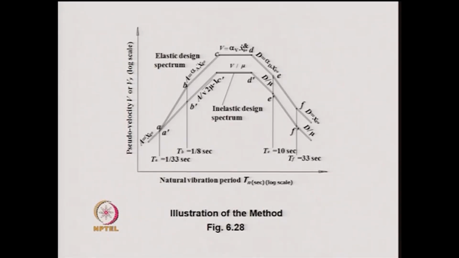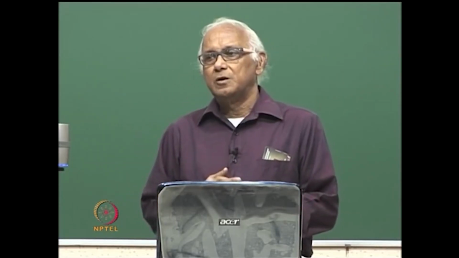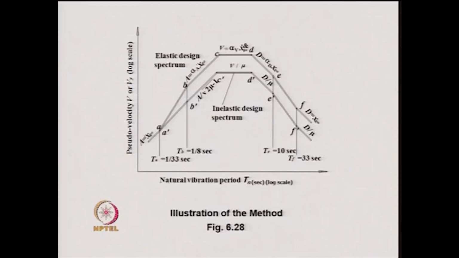One of those quantities should be specified, and then the other two quantities can be obtained from an empirical relationship that we have seen before. So, once we get the peak ground displacement, velocity and acceleration, then we obtain a baseline curve.